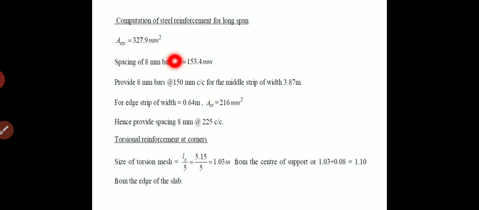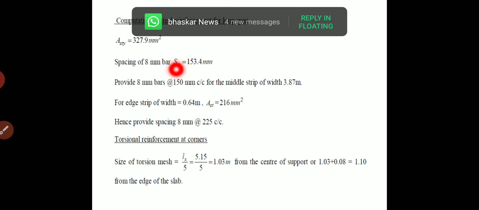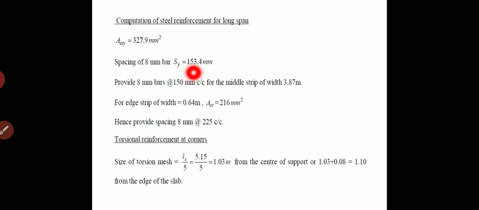Spacing of 8 mm bar: in the previous slide we discussed the spacing formula, which is 1000 into AST, which we can also write as A-st upon AST. When all the values are provided, we get 153.4 mm.